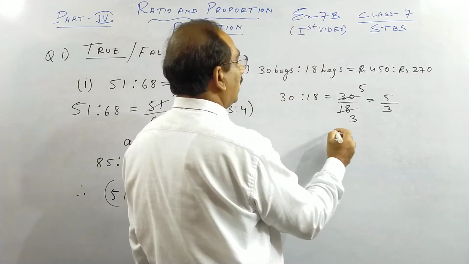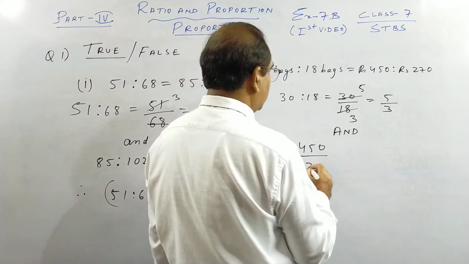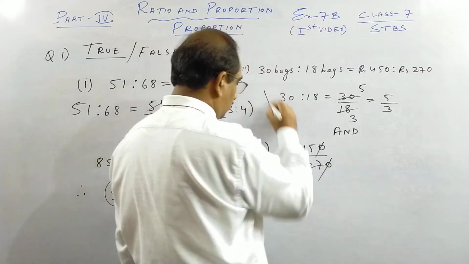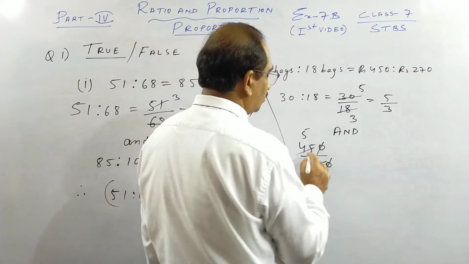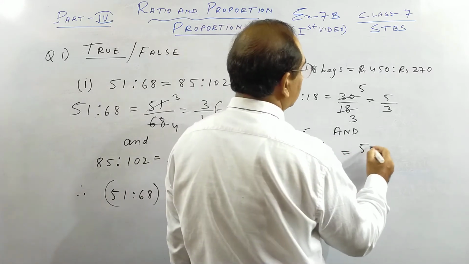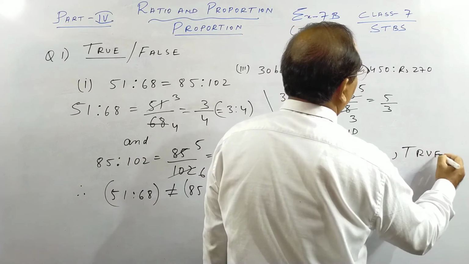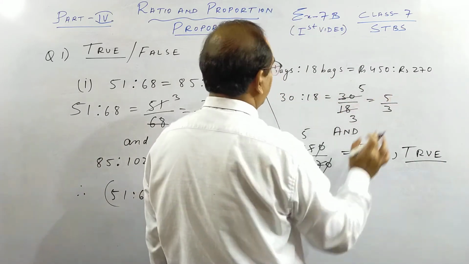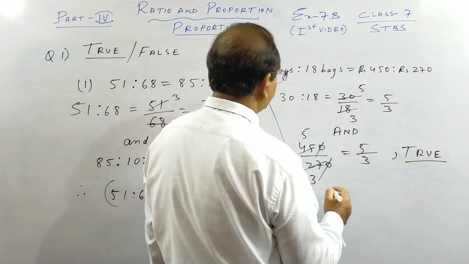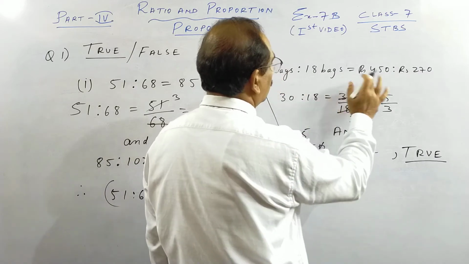Now next, 450 by 270, first cancel 0, 9 threes are, 9 fives are, so with 9 it will go. So this is also 5 by 3. So this is true, because these two are both equal, 5 by 3, this is also 5 by 3. So we write this is true.